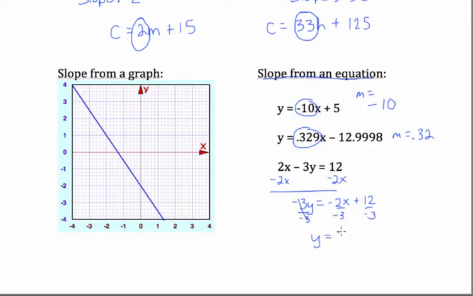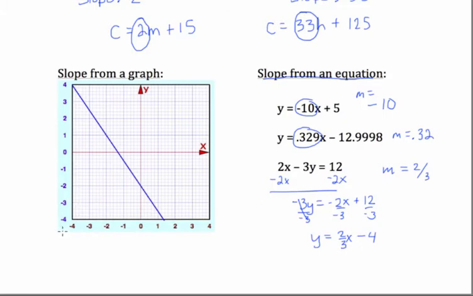A negative divided by a negative is a positive. Positive divided by a negative is a negative. I'm just going to put minus 4. So what's my slope? 2/3. Because that's the m number.